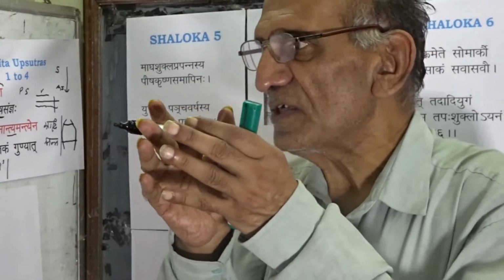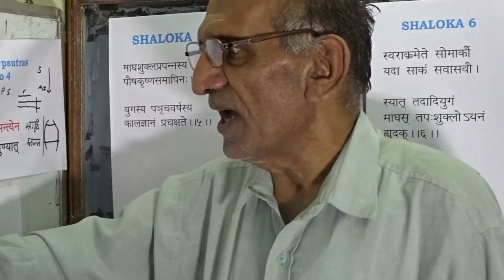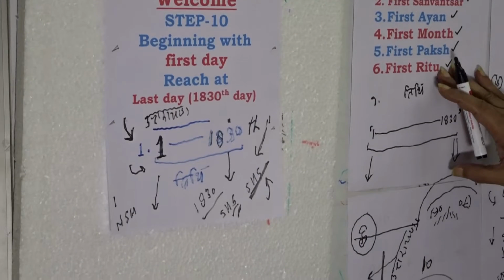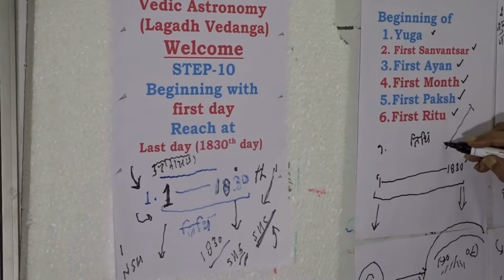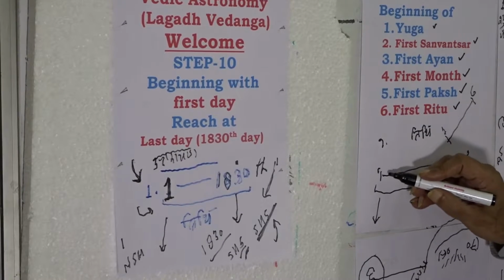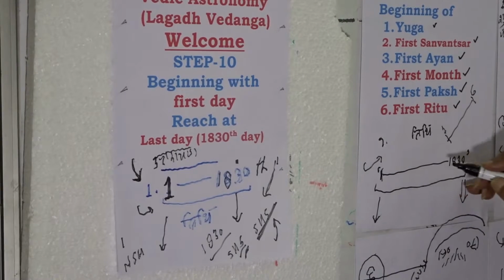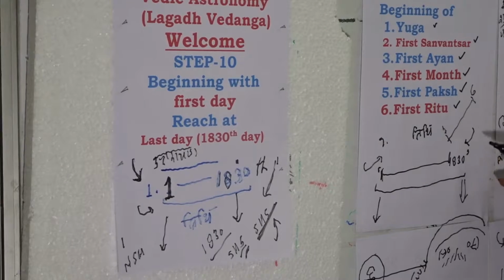Therefore, it is this feature which is to be comprehended well. We have to be face to face with this feature, this organization, as to how the beginning and end are to be reached. Like that we know there are 6 seasons, from the first season to the 6th season. Therefore, the beginning is going to be the first day of the first season and the last will be the last day of the last season. These are the features.